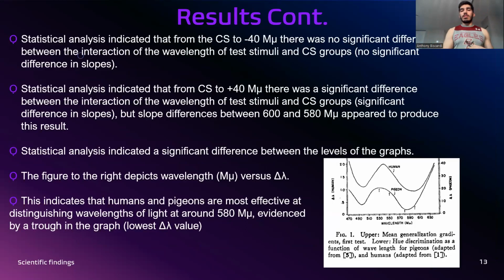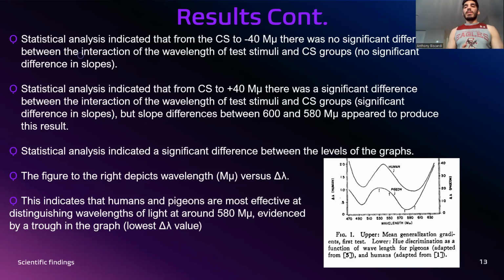So they did statistical analysis and it indicated that from the CS, or the trained stimulus, to minus 40 nanometers, there was no significant difference in the interaction of the wavelength of test stimuli and CS groups. So there was no significant difference in the slopes of these mean generalization gradients. Additionally, statistical analysis from the CS to plus 40 nanometers indicated that there was a significant difference in the slopes.